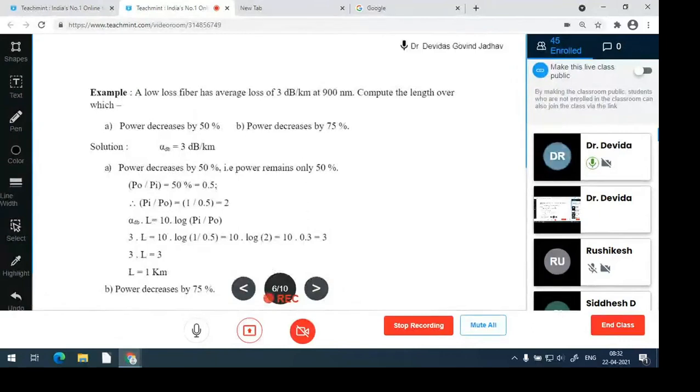So let us start today's tutorial problem. A low loss fiber has an average loss of 3 dB per kilometer. A low loss fiber is there and it has an average loss of 3 dB per kilometer. For 1 kilometer, 3 dB loss is there at 900 nanometer.